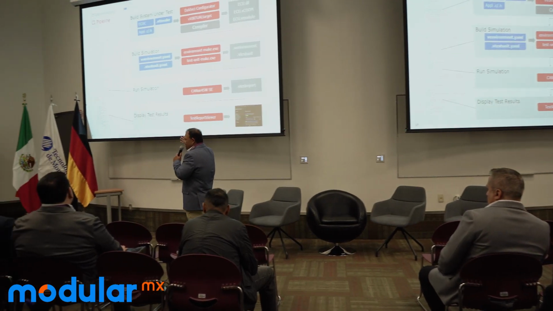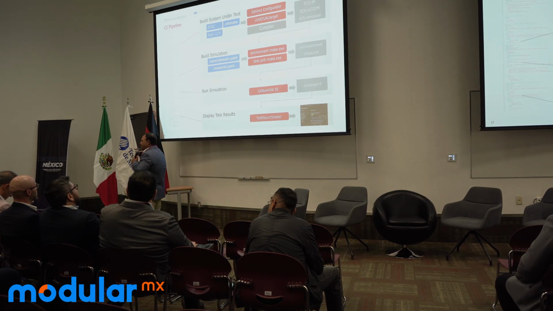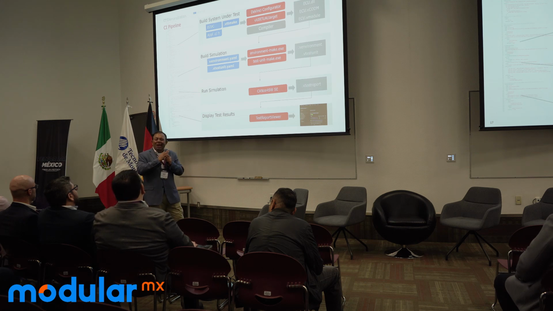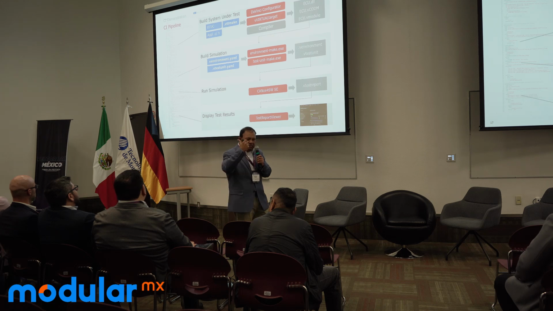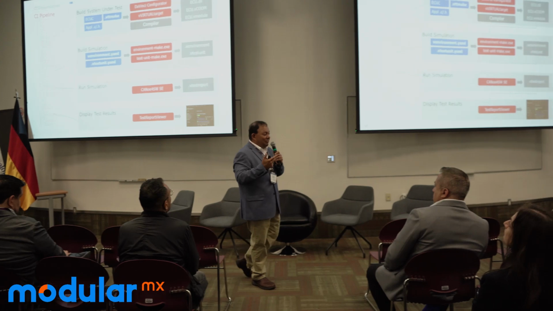This is how you build the pipeline and do the automatic test on every commit of your software. And this could be deployed by any developers around the world. That's the advantage. It's scalable, secure, and very powerful.